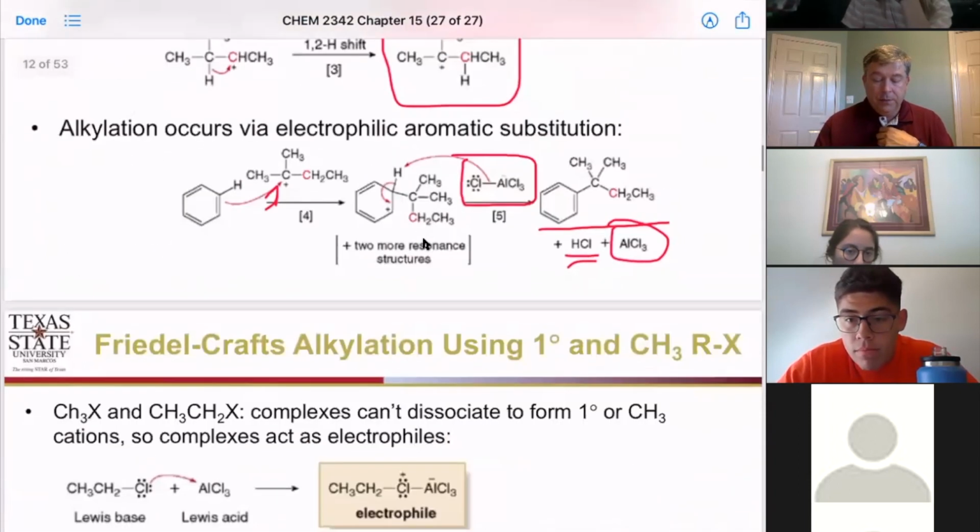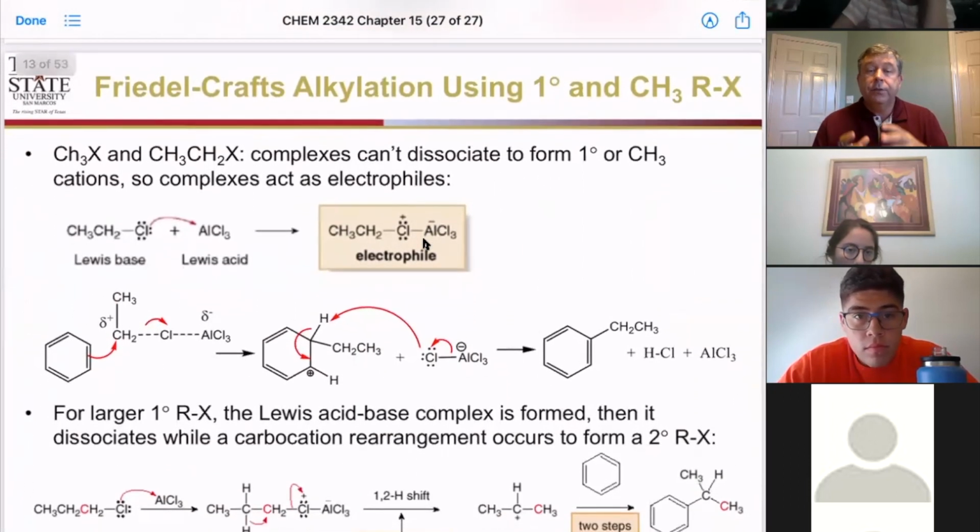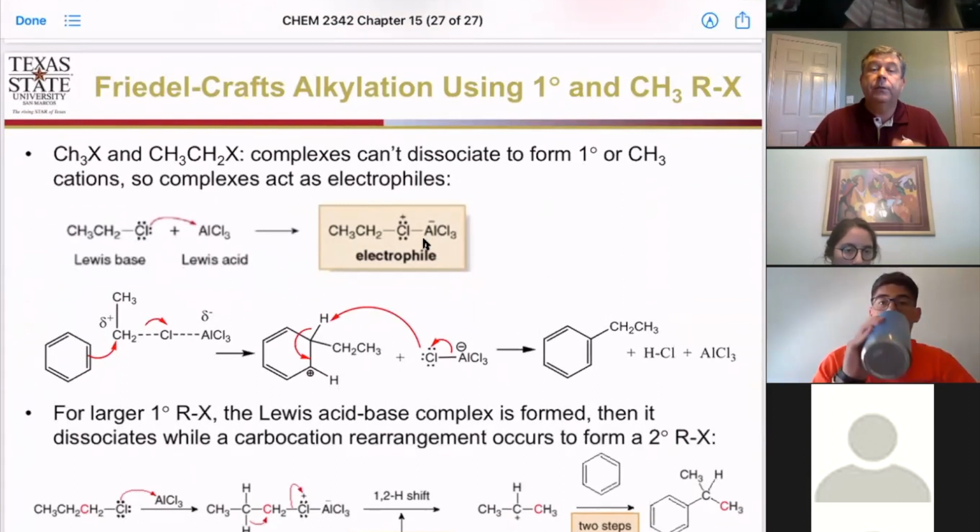Okay, so now, if we want to generate something that uses a primary alkyl halide, we have to take a couple things into account. First of all, we can do it if there's no possibility for that primary carbocation to rearrange.